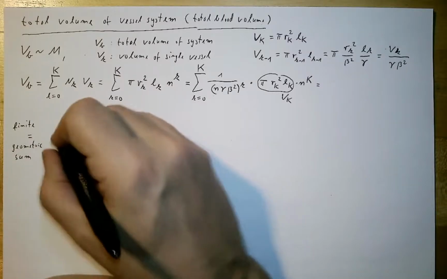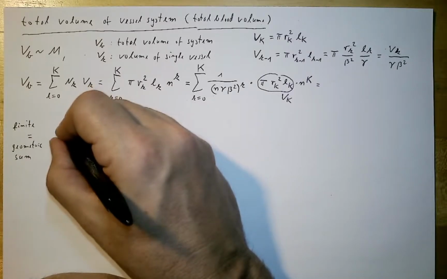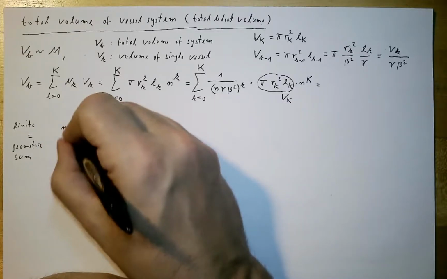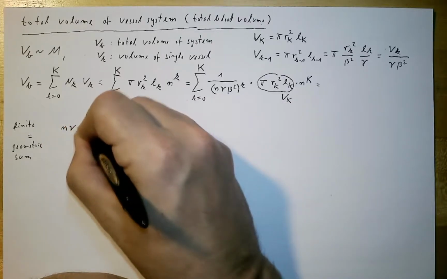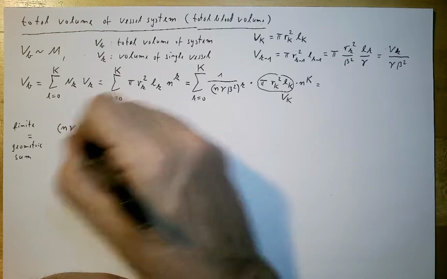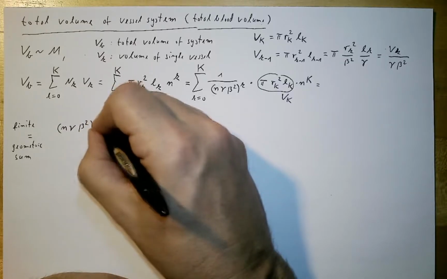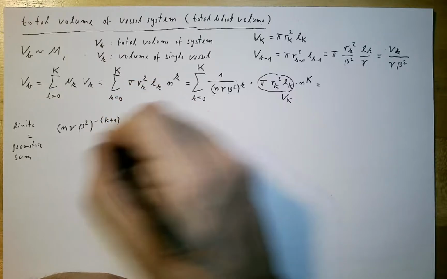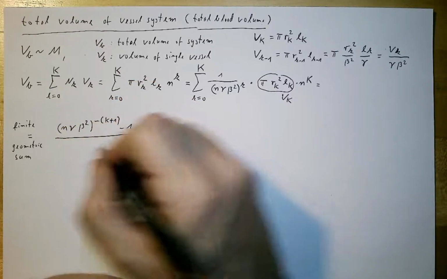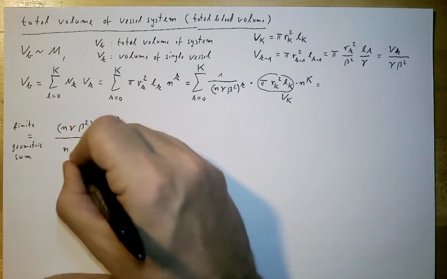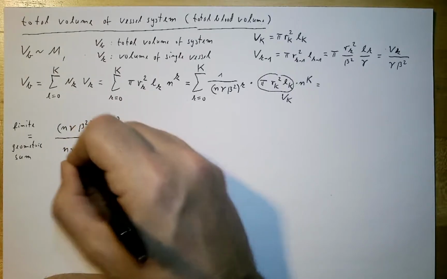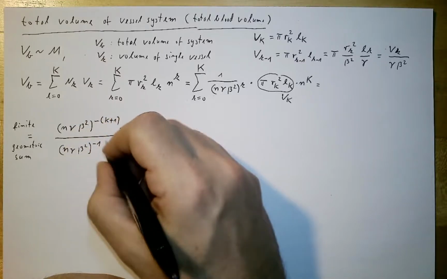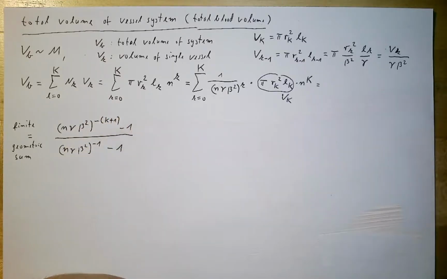Which we can work out. So this gives this factor (n gamma beta squared) to the power minus k plus 1, minus 1, divided by (n gamma beta squared) to the power minus 1, minus 1.